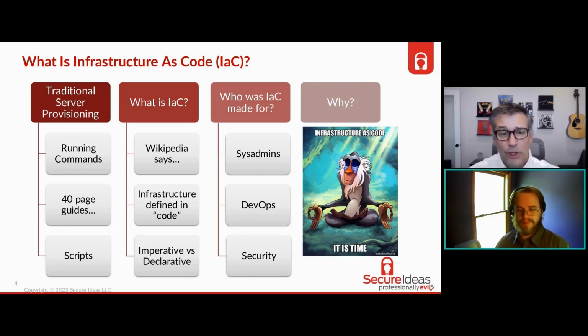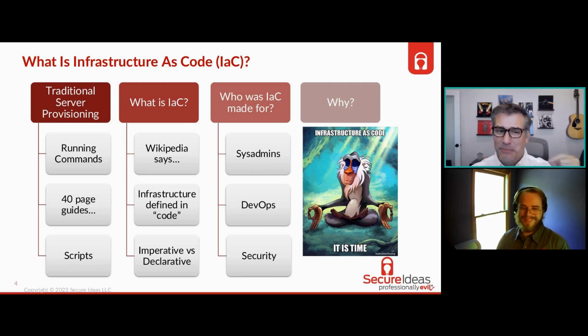Yeah, if you look at the evolution, and I don't want to say that there aren't some elements of declarative definition or controls for the traditional server provisioning model, because PowerShell tried to do some of that, and there are some other tools that do that as well.